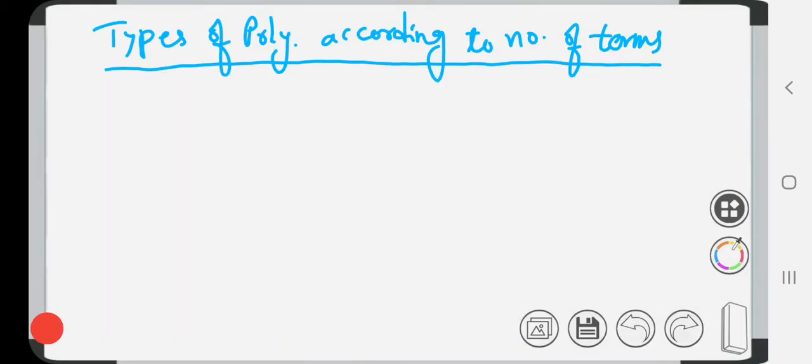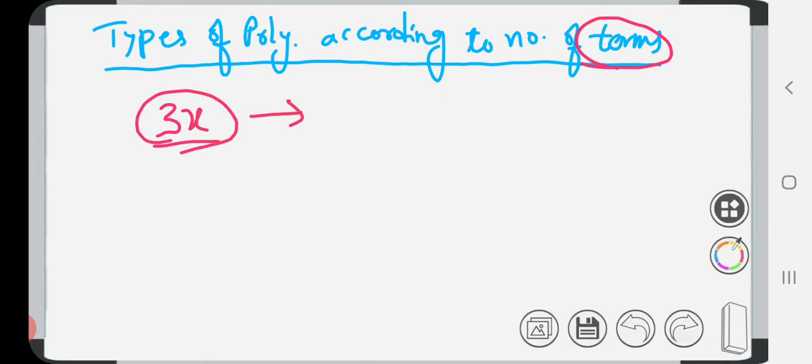Now, types of polynomials according to the number of terms. Based on the number of terms it has, we can name that polynomial. For example, if you consider 3x, it has only one term. So, this is called monomial.